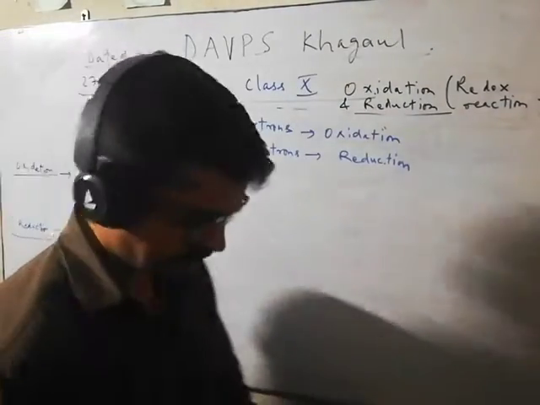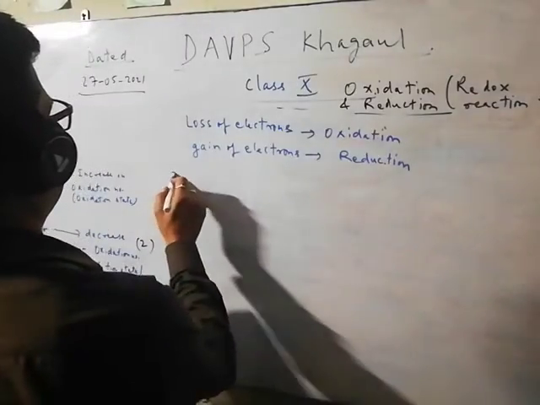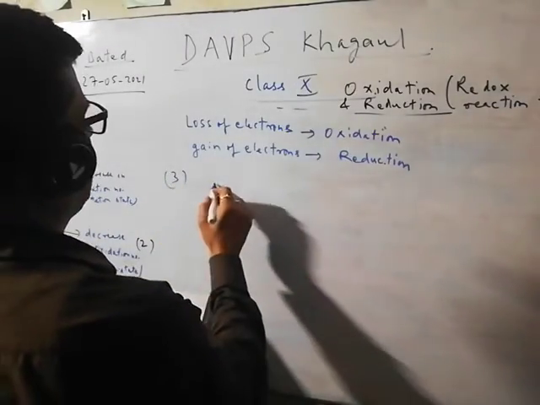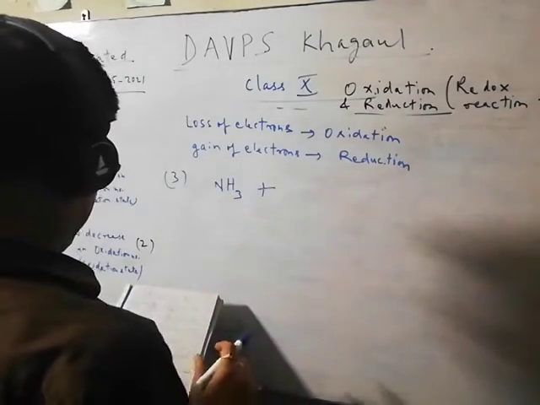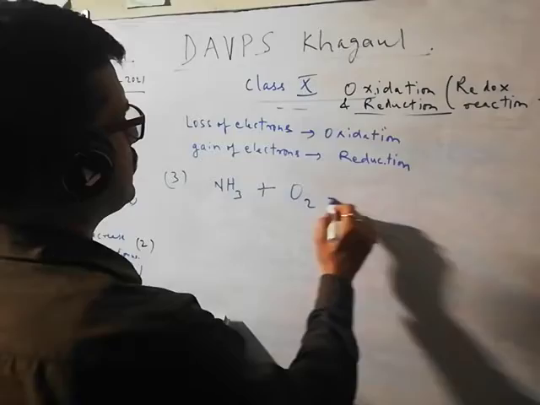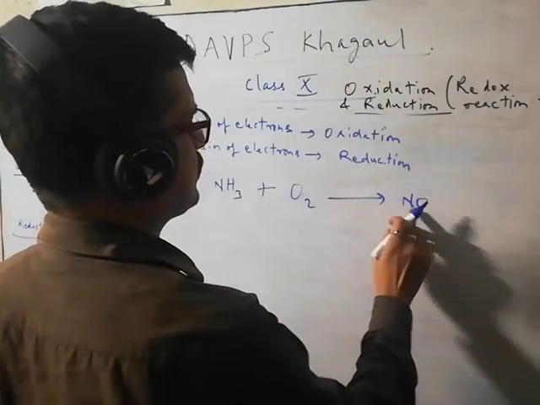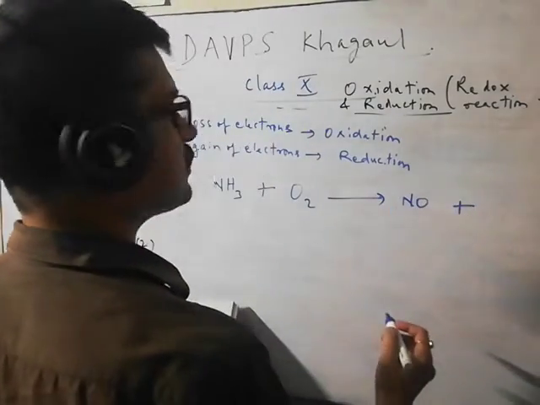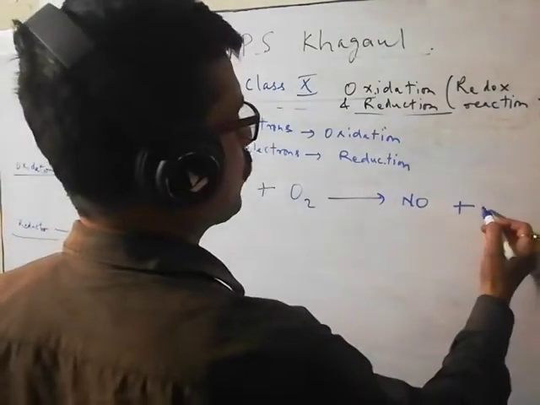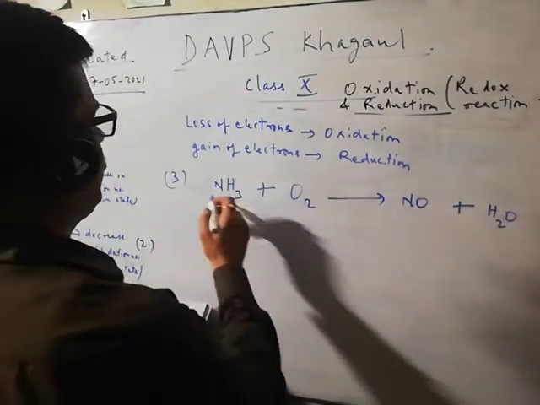I am writing ammonia, when reacting with oxygen, gives nitric oxide NO and H2O. Okay, we can balance this.